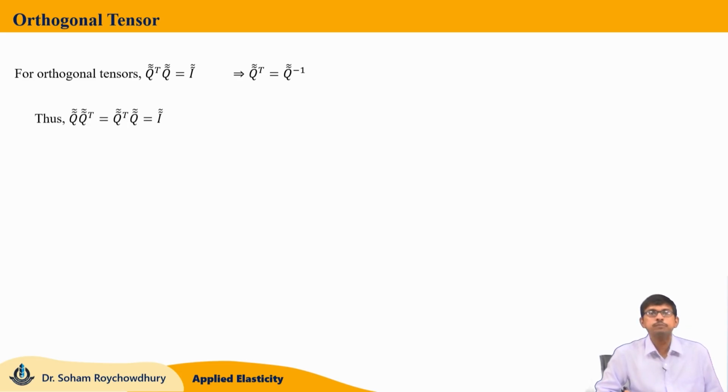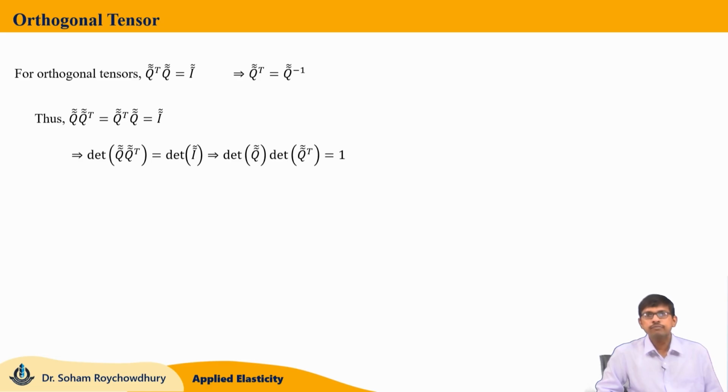Now, we have Q transpose Q equal to I. If we take the determinant of this equation on both sides, the left hand side will be the product of two determinants, the determinant of Q and the determinant of Q transpose, whereas on the right hand side the determinant of the identity tensor I equals unity.